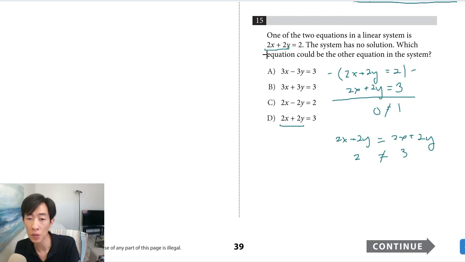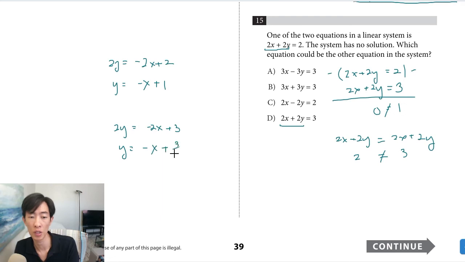You could also change this to y equals mx plus b form, because parallel lines also don't have solutions. So this becomes y equals negative x plus 1. And then let's do the same thing to choice D. We get 2y equals negative 2x plus 3, divide by 2 on both sides, negative x plus 3 halves.